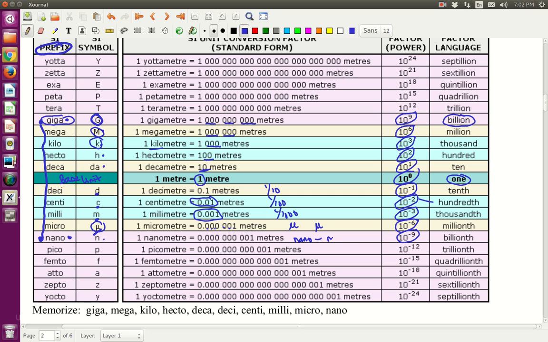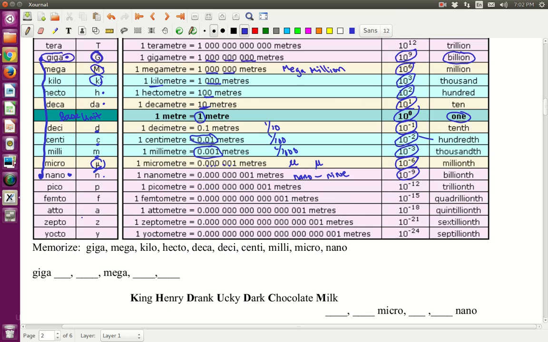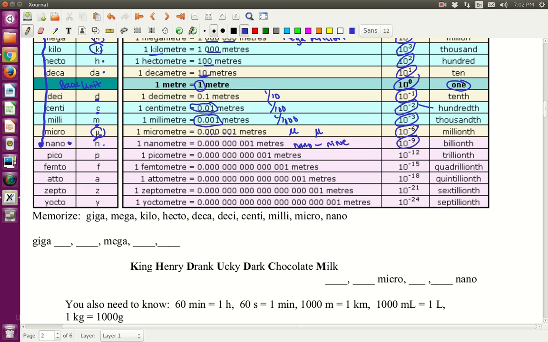Nano 9. I know it's 10 to the minus 9. Mega million. Mega million. So I can remember that a megabyte or a megameter or a megagram is a million grams. All right, now we're going to memorize giga, mega, kilo, hecto, deca, deci, centi, milli, micro, and nano.